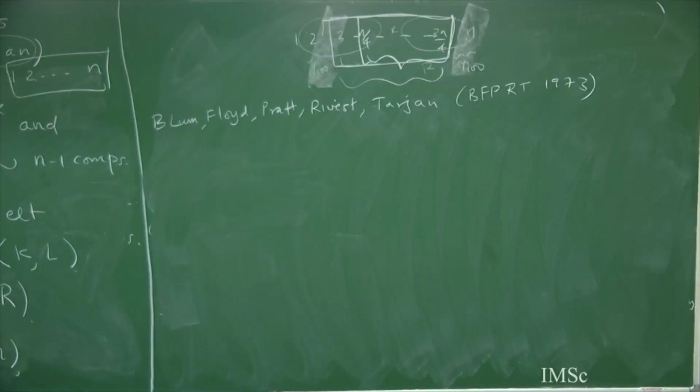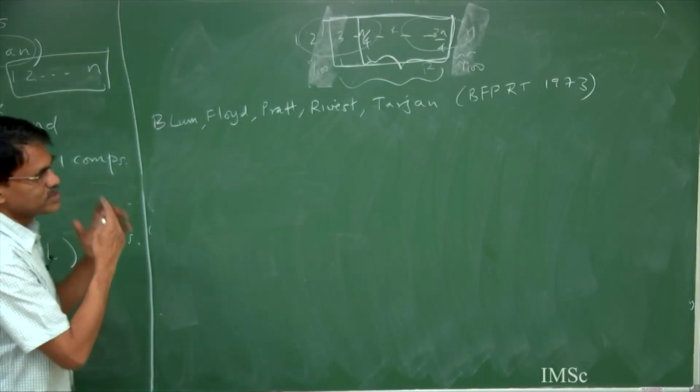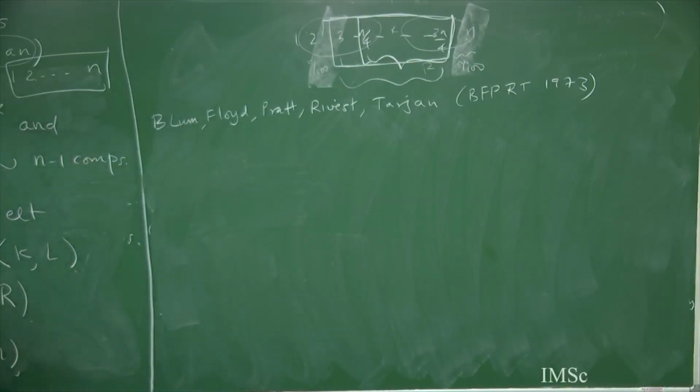Essentially, their algorithm is to find this pivot element very carefully with more pre-processing in linear time. All of these people except Pratt are Turing Award winners, I think, not for this work, but it tells you that it required all these big shots to get this algorithm.